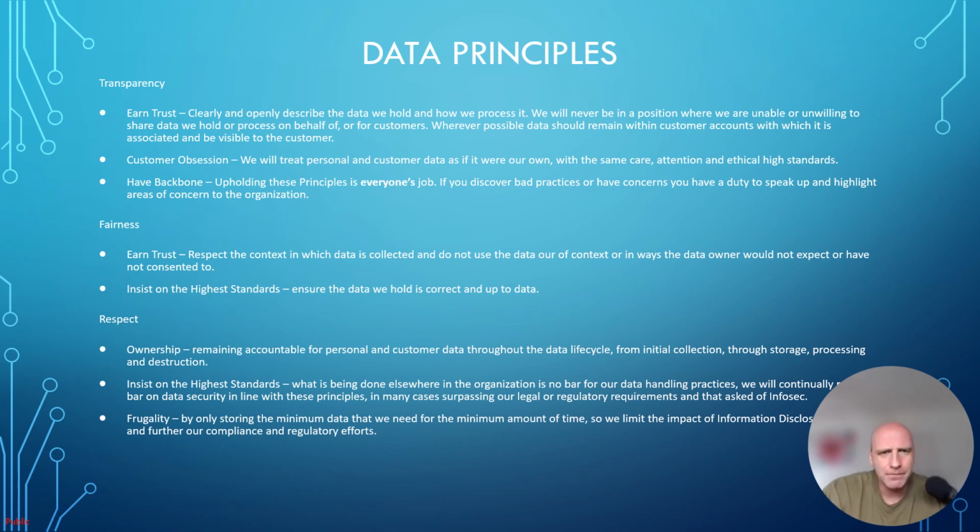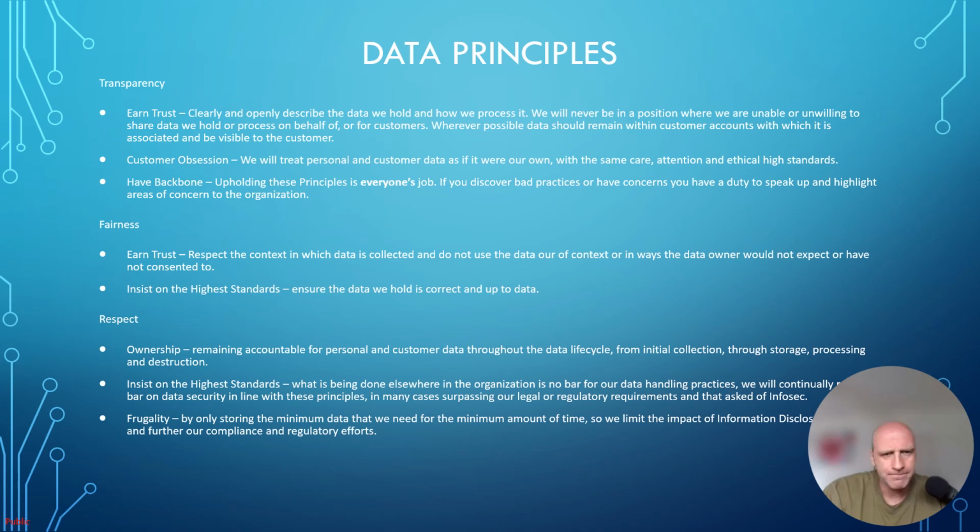We will treat personal and customer data as if it were our own, with the same care, attention, and ethical standards. Have a backbone. So upholding these principles is everyone's job. If you discover bad practices or have concerns, you have a duty to speak up and highlight areas of concern to the organization. So that's the main three principles in transparency.